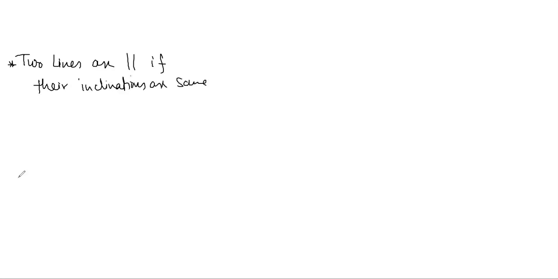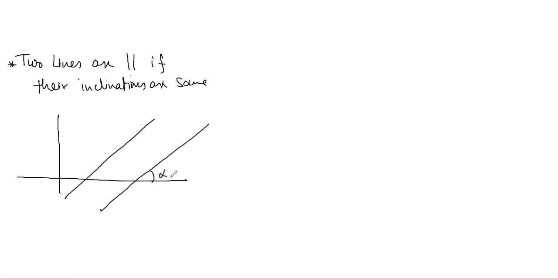So two lines are parallel if their inclinations are same. So, if we have two lines and both of them are parallel, suppose this is line 1 and this is line 2.